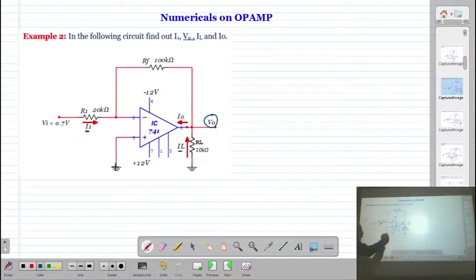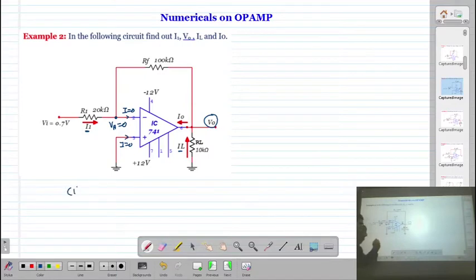The non-inverting terminal is connected to ground, which means the potential VA is equal to 0, because the current inside the operational amplifier is going to be 0. So the potential at A behaves like a ground, and from this you can find the value of the current I1.